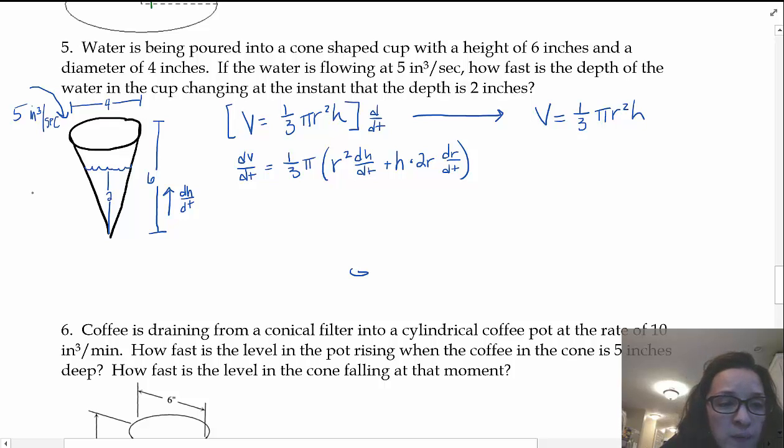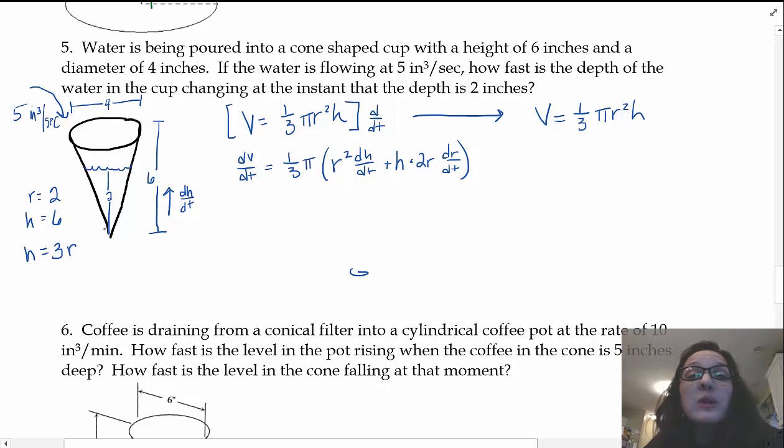However, in this cone, my r initial was 2, and my h initial is 6, so that means h equals 3r. So if I wanted to write everything in terms of r, I could replace this h with 3r.